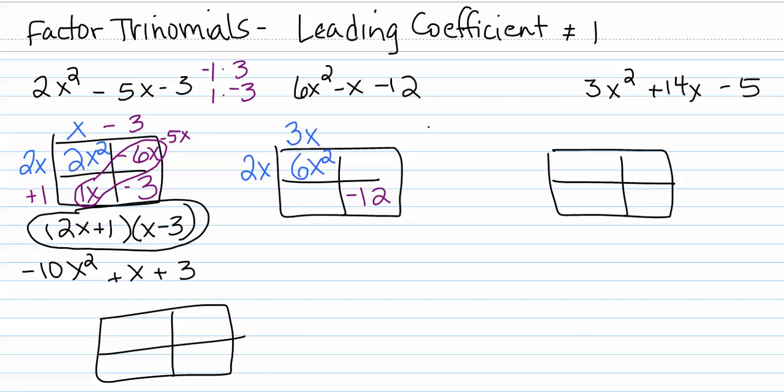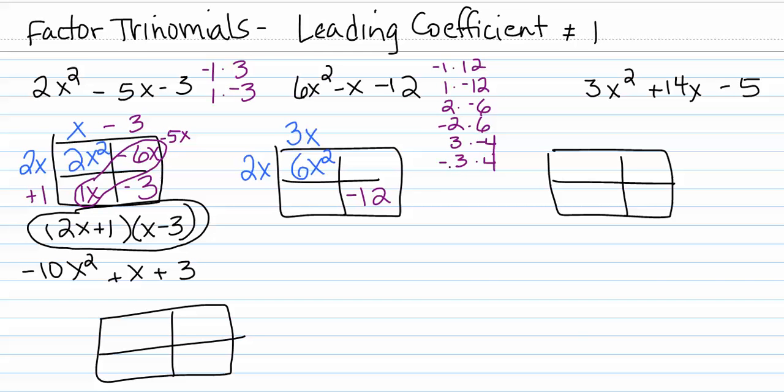Now, -12, I could have -1 times 12, 1 times -12, 2 times -6, -2 times 6, 3 times -4, and -3 times +4.